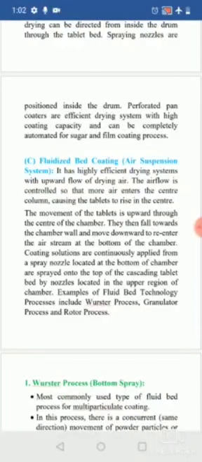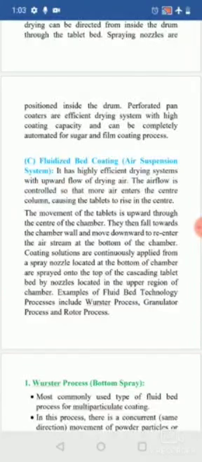The air flow enters, and from the center the tablet is going to rise with the air, and again it is going to fall back to the bottom. So there will be continuous movement, and this cycle is repeated many times, till there is efficient coating.